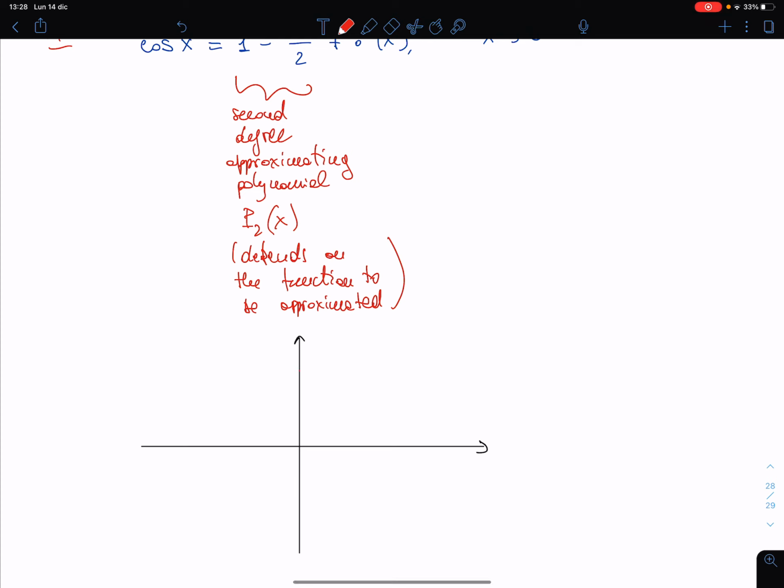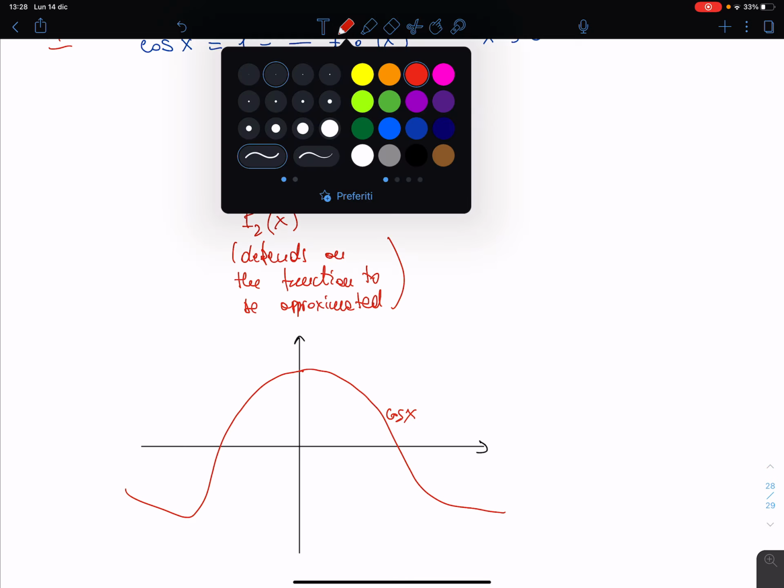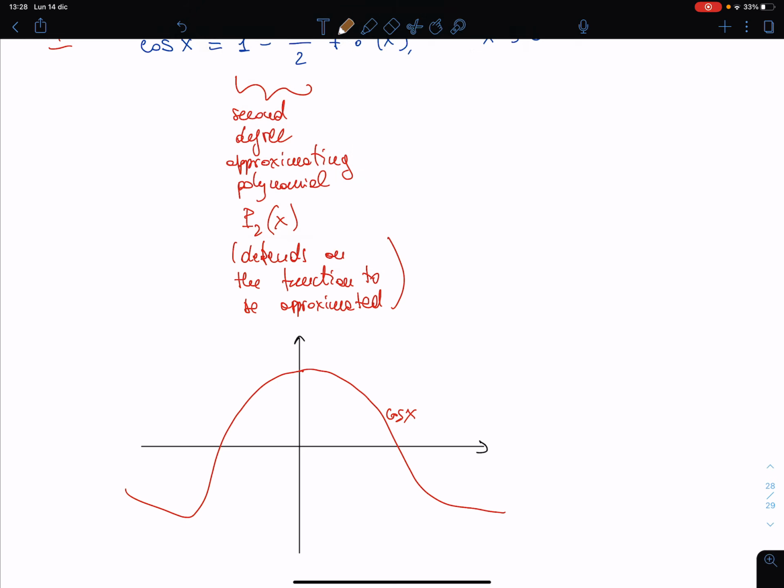So the cosine is this, and P2 of x, 1 minus x squared over 2, is this.